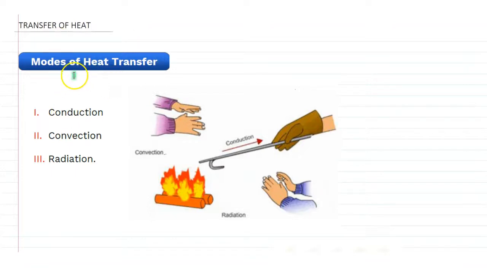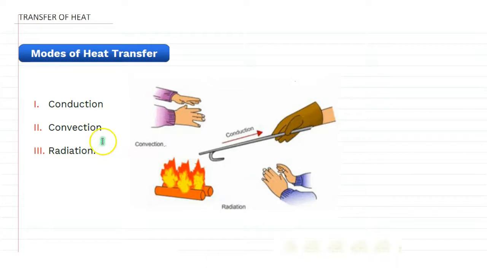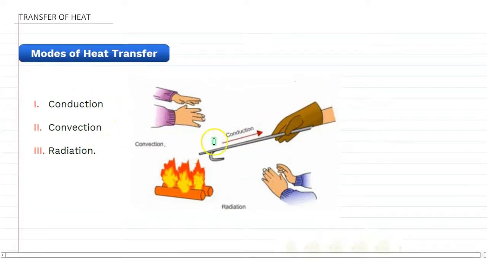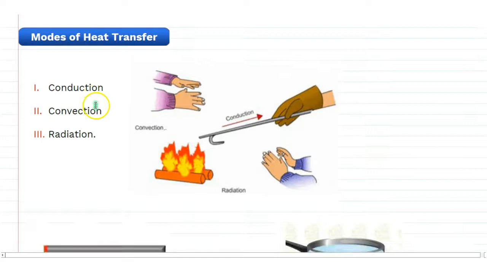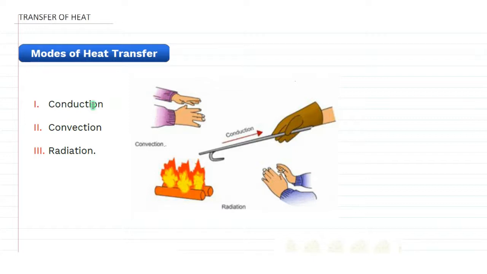So for heat transfer, we know there are three modes of heat transfer: conduction, convection and radiation. Conduction means, for example, during cooking the heat energy is provided to the lower surface of our container or jar, and the upper surface is heated, so the food is cooked by the heat energy.